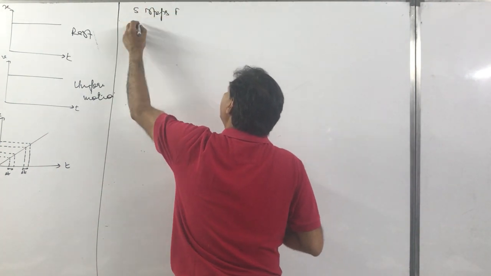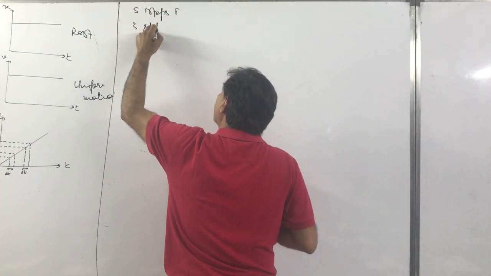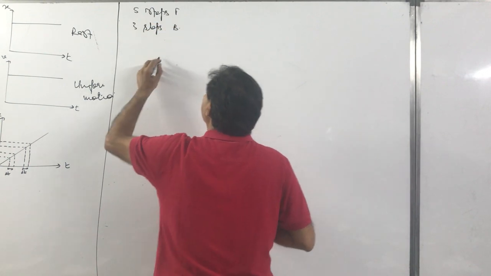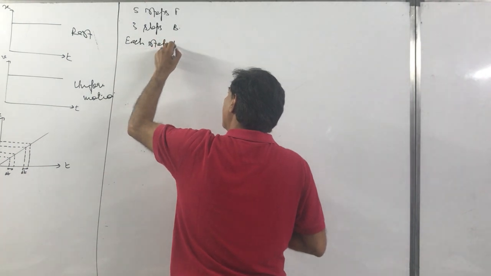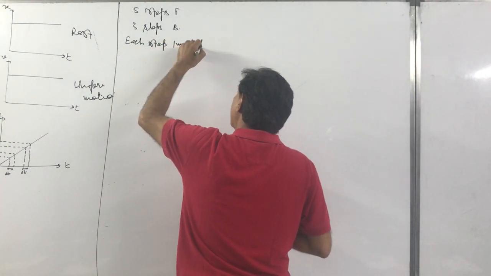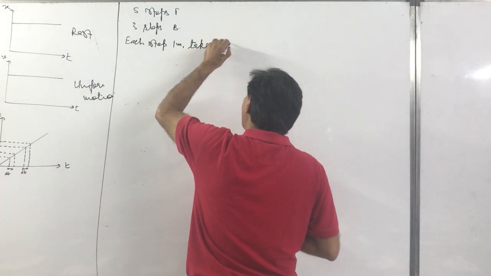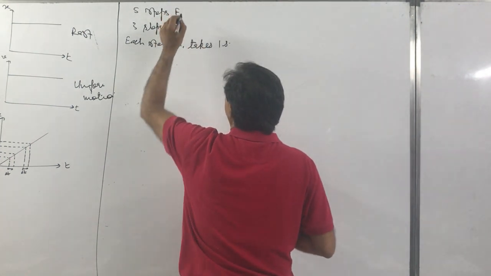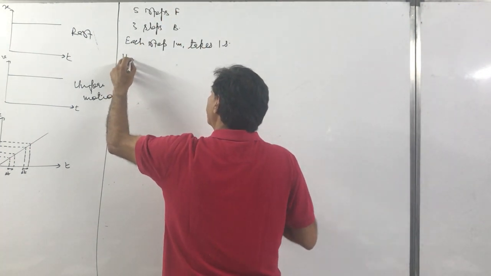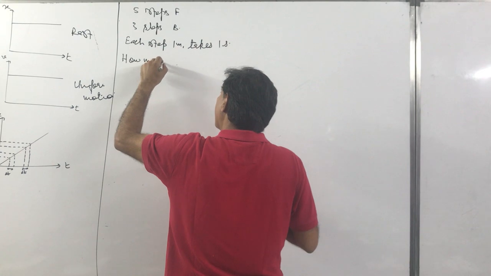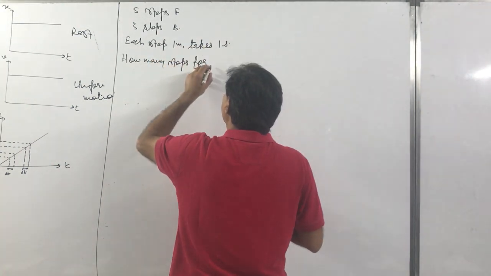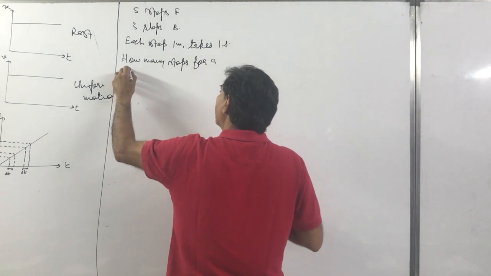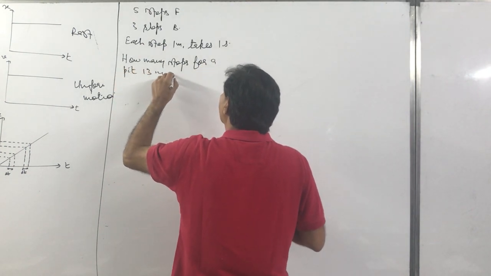Each step 1 meter and takes 1 second. ठीक है? How many steps for a pit 13 meter away?